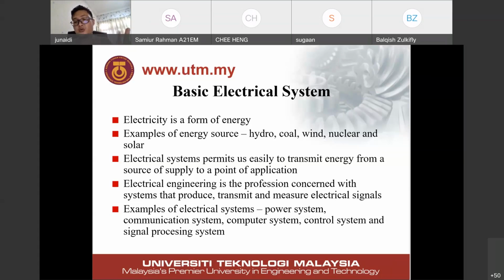There are two ways to generate electricity from solar. First, using heat. Second, using irradiance. The more popular is irradiance compared to heat.